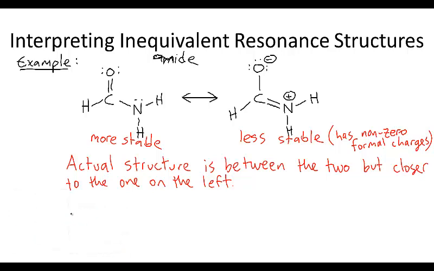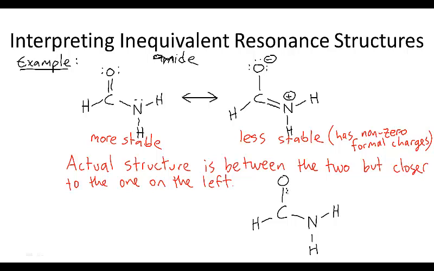We don't have a good way to represent this. So this is another reason we don't draw these other representations. But if I were to try to draw my alternate representation here, what would I do? I'd say, well, there's going to be more double bondness between the carbon and the oxygen and less double bondness between the carbon and the nitrogen.